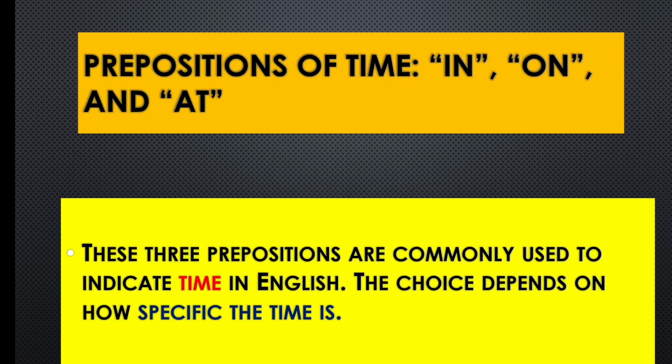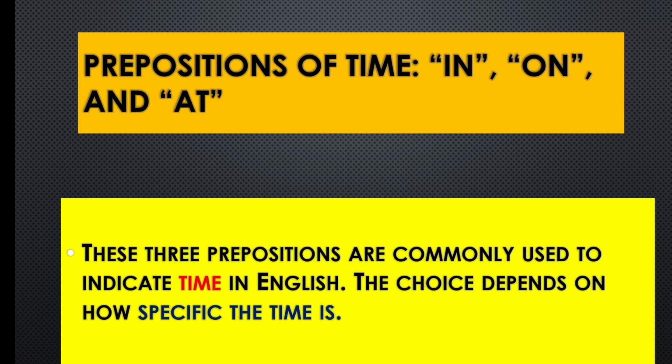These three prepositions are commonly used to indicate time. We use in, on, and at when we are talking about time. We use these three prepositions for other usages also, but here we use in, on, and at to indicate time in English.